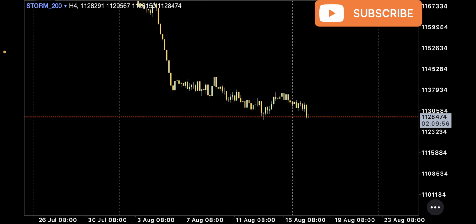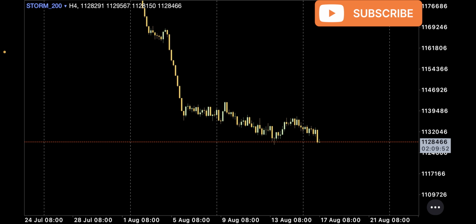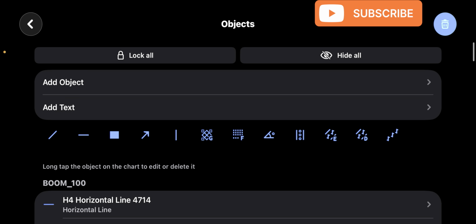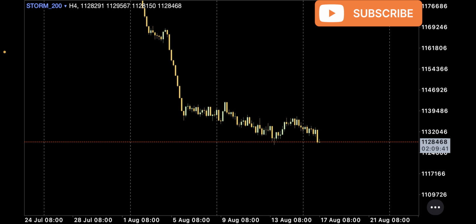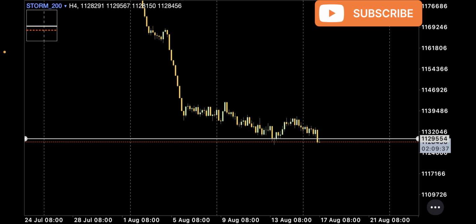So first of all, what do we have to do on the market? We have to mark out our zones, or put out our support and resistance, because we have identified the structure of the market, which is a downtrend. So this is me marking out my zone.